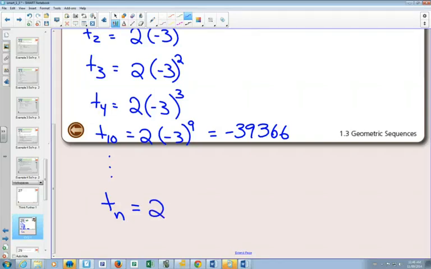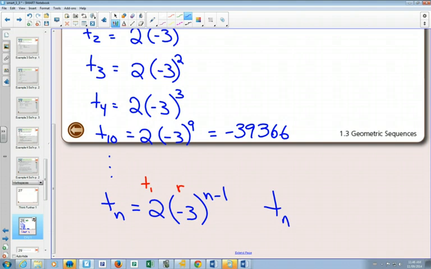Which is our T1. Then we're multiplying by -3, which is our R value. And how many times would you have to multiply by the -3? N minus 1 times.